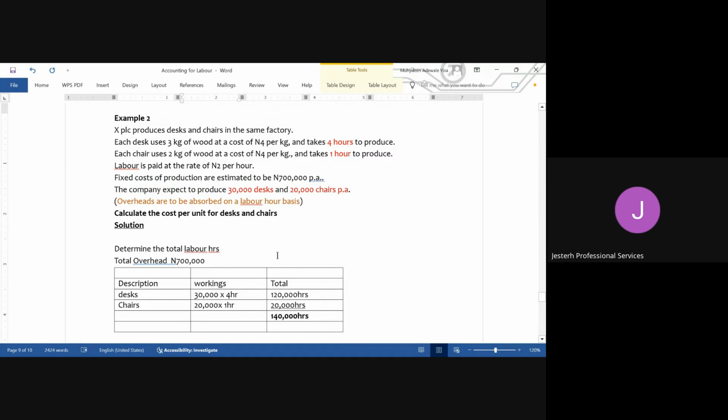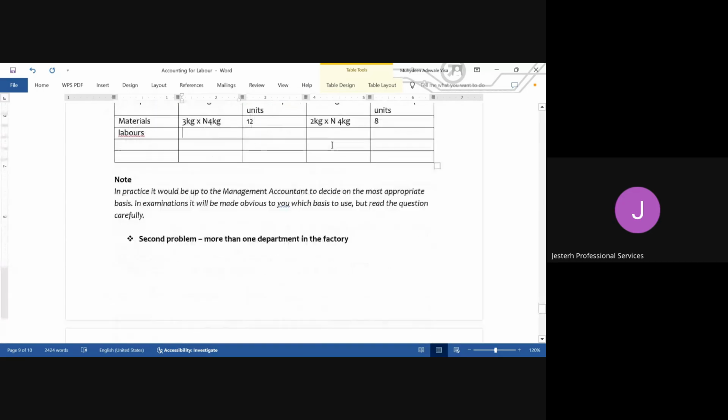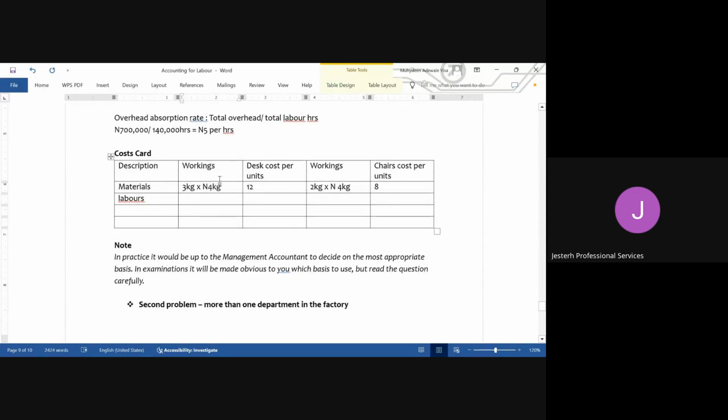Remember that the desk is going to take 4 hours, while the chair is to take 1 hour. Then you come here, 4 hours multiplied by 2 naira per hour, so that is 8 naira. It means we are going to spend 8 naira on labor in producing a desk.